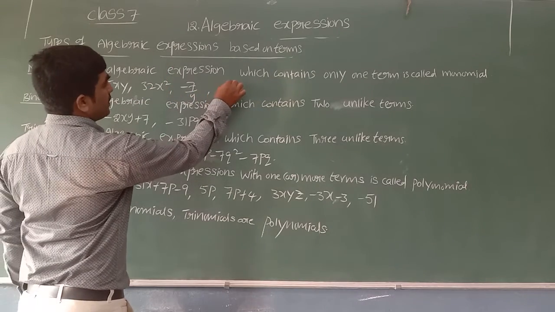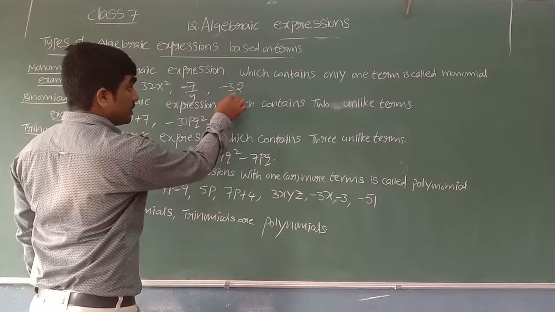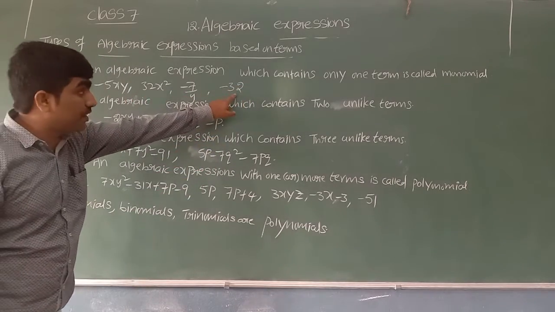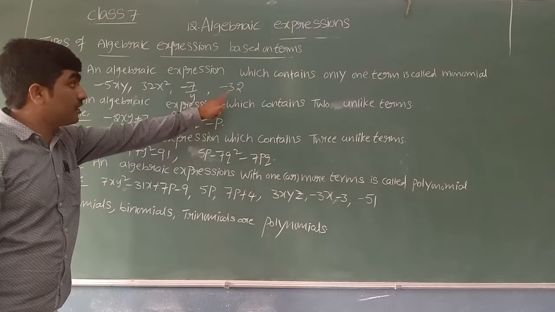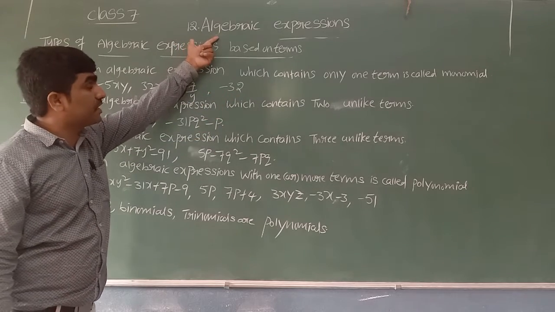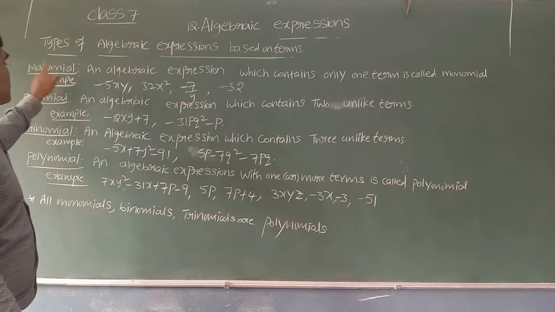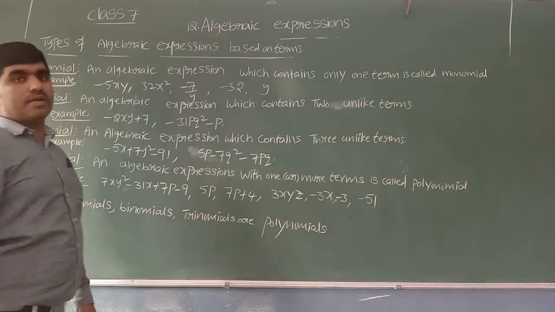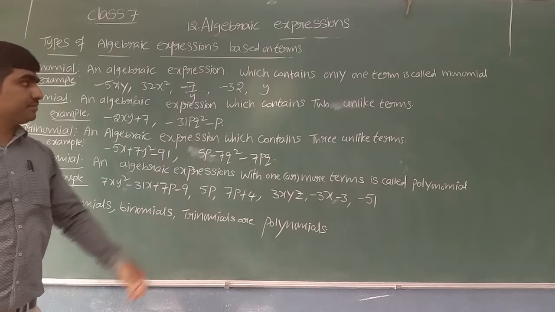Example, if I take minus 32, it is also one term. Only a constant is also a term. This single term is also called an algebraic expression which contains only one term. It is called a monomial. Example, I take here y. So it is called a monomial, which contains only one term.